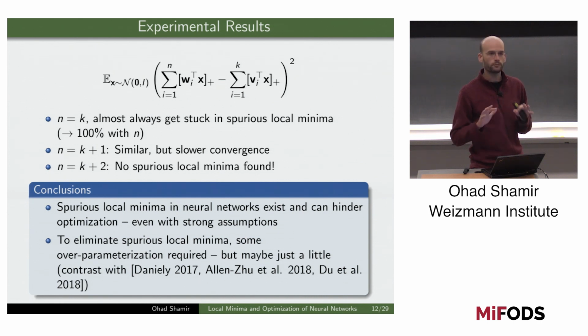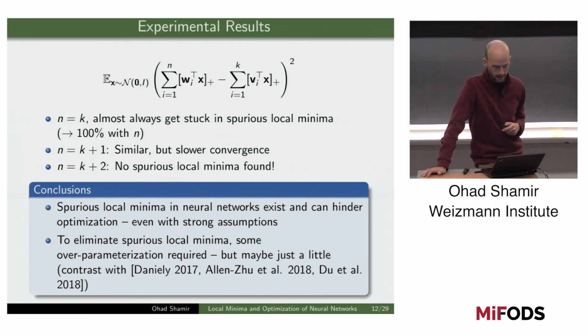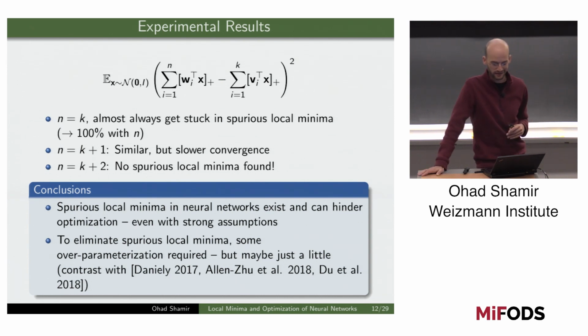But I would like to point out that these papers require a huge amount of overparameterization, like high polynomial quantities in the relevant parameters. And at least in our setting, 2 neurons seemed to suffice. So there still seems to be a pretty large gap here between theory and practice in terms of how much overparameterization we need in order to succeed here.